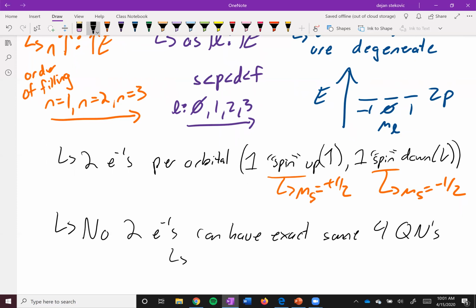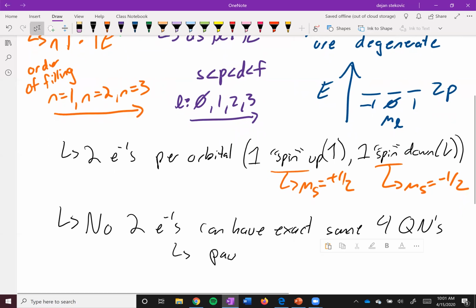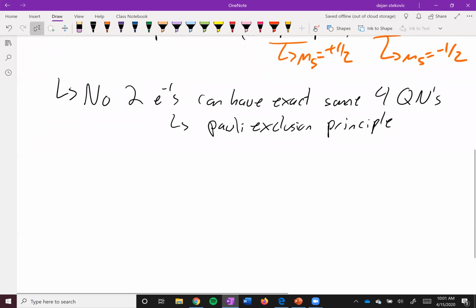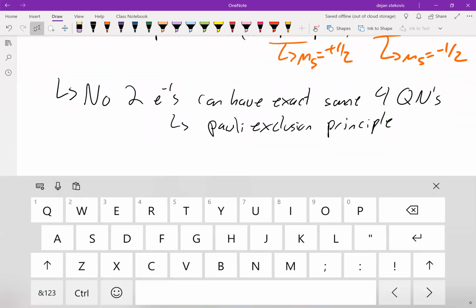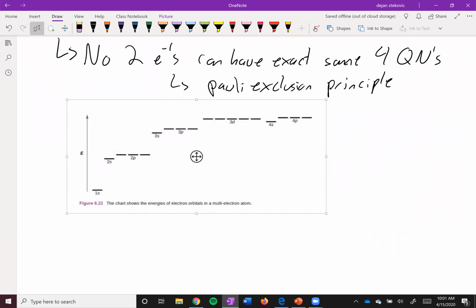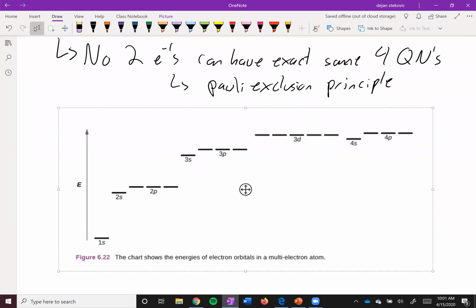This is known as the Pauli exclusion principle. Again, you don't have to know the name, you just have to know how to apply it. If we think back to the diagram that we saw earlier, the rules above are just describing this diagram.